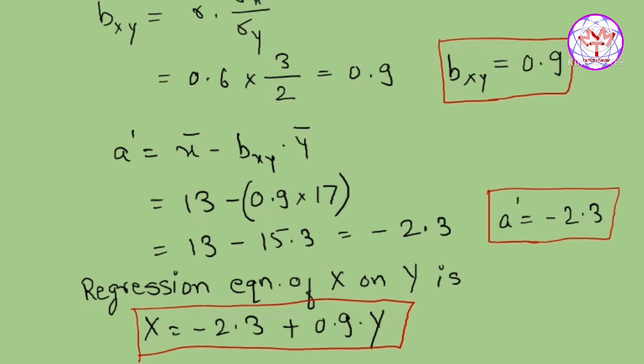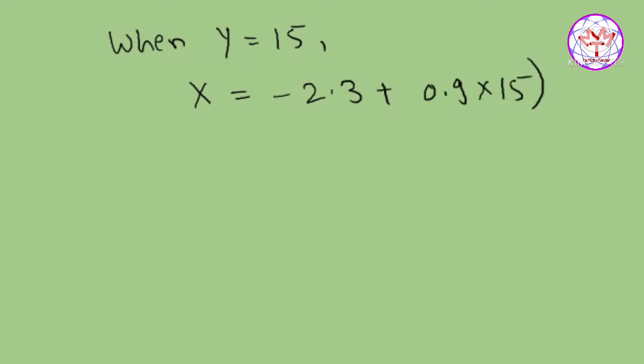So we get when y is equal to 15, x is equal to minus 2.3 plus 0.9 into 15. So that is equal to minus 2.3 plus 15 nines are 135.